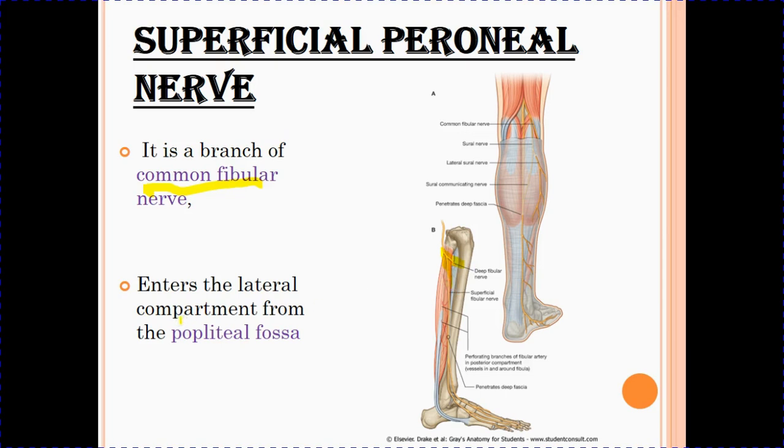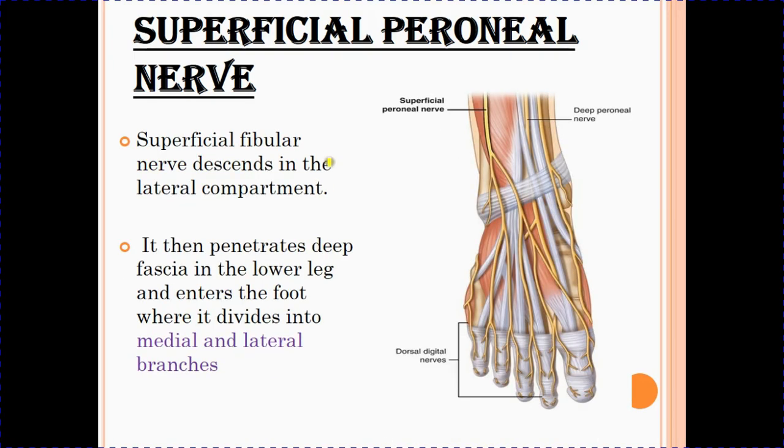It enters the lateral compartment from the popliteal fossa. The superficial peroneal nerve descends in the lateral compartment between the muscles. It supplies the muscles of the lateral compartment. There are two muscles, peroneus longus and peroneus brevis. Now what it does, it then penetrates the deep fascia and enters the foot.